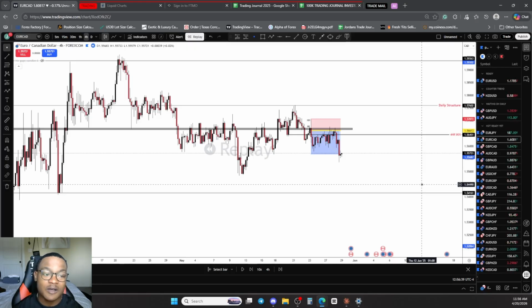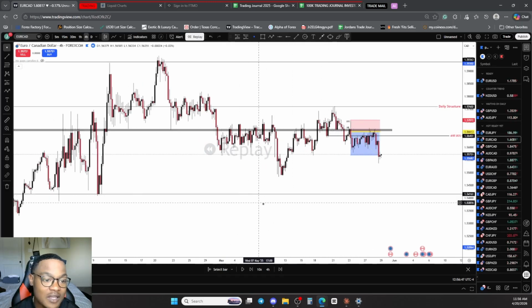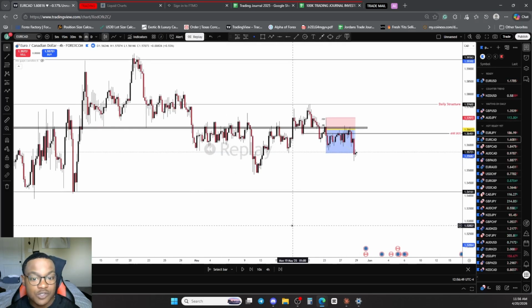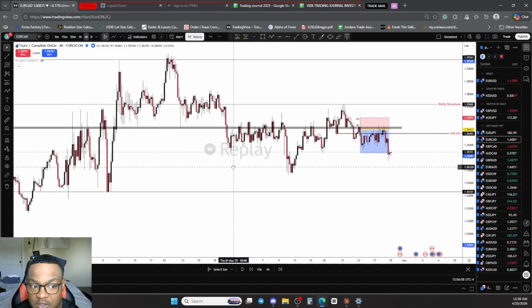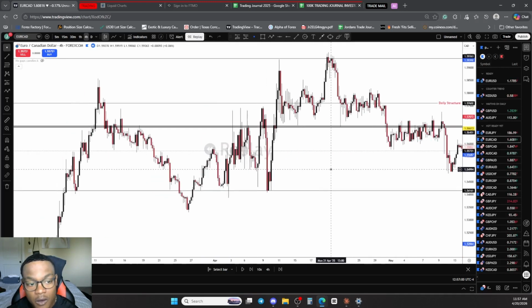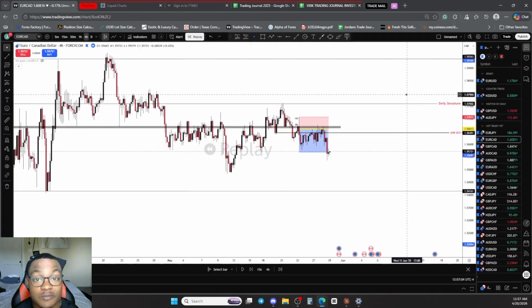I'm able to predict these moves in the markets, not by what's going on right now, but by using previous market data that has already shown me. I'm just using price action to my advantage because what happens in the past typically will happen in the present. Why? Because history always repeats itself, and that's what I like to trade.